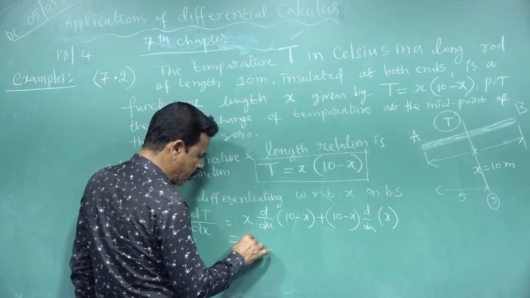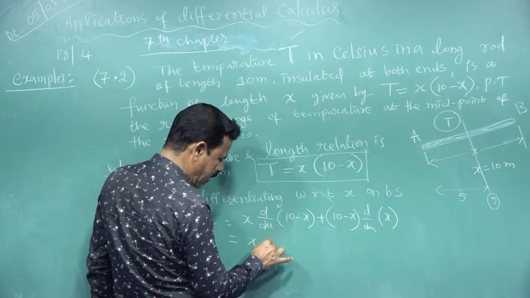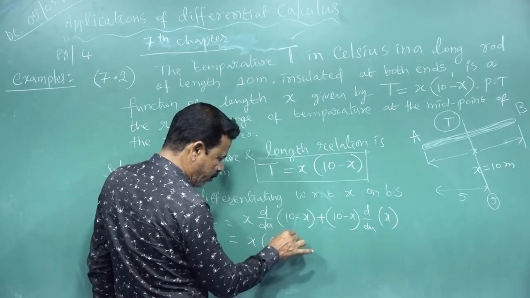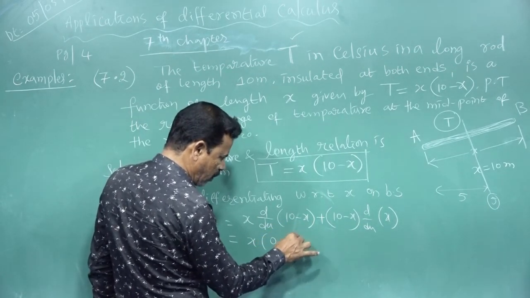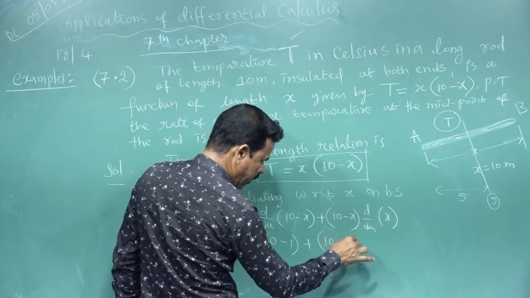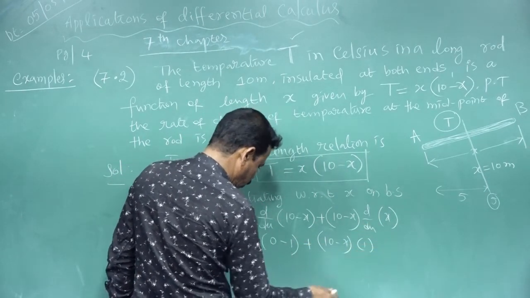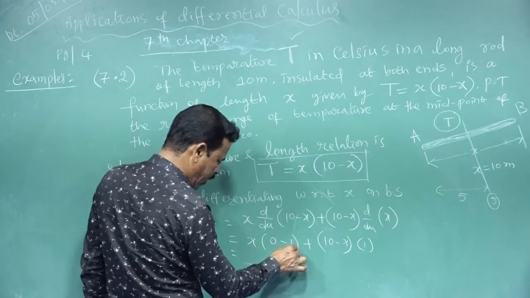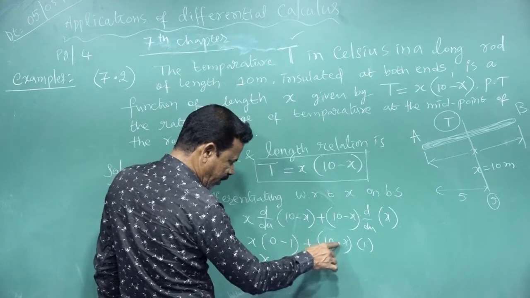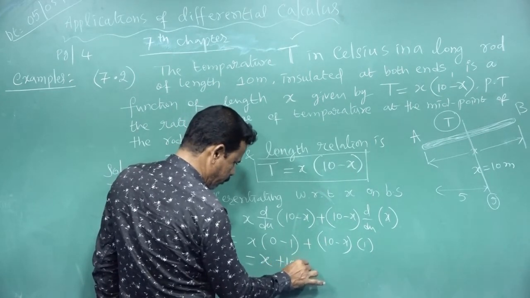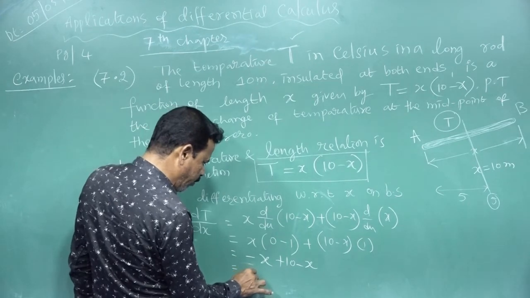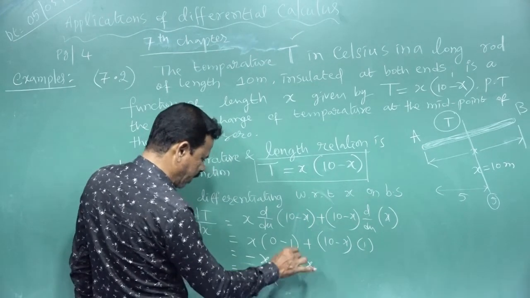So this is x times, differentiation of 10 is 0 and of minus x is minus 1, plus (10 - x) times the differentiation of x, which is 1. So finally x times minus 1, that is minus x, plus 10 minus x. Finally this is equal to 10 - 2x.